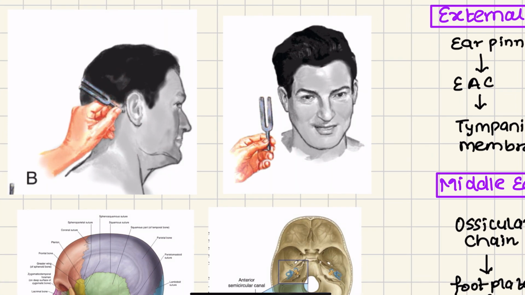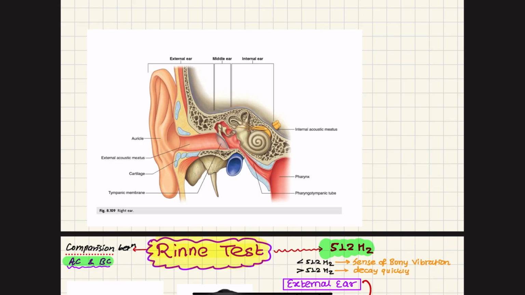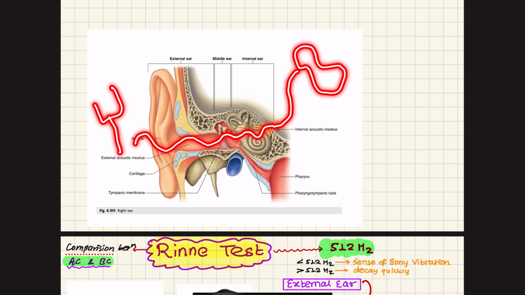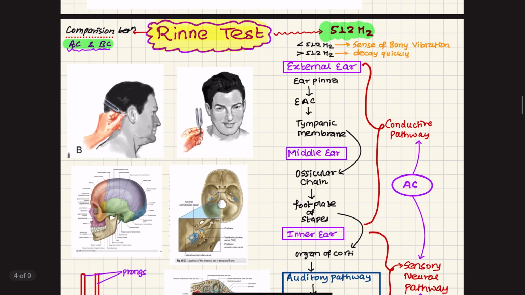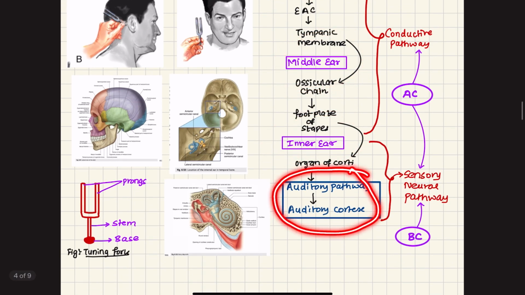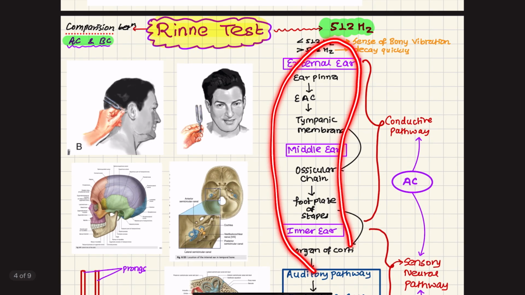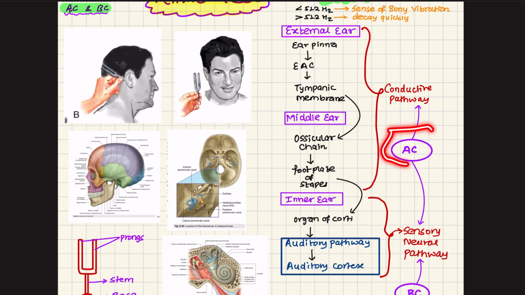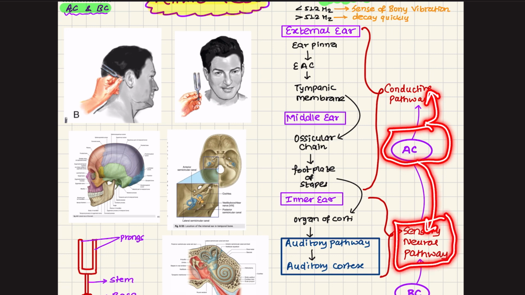So these two are different pathways. The air conduction pathway involves the whole external ear, middle ear, inner ear, as well as up to the cortex. It means this whole pathway, external ear, middle ear, inner ear and auditory pathway, is involved in the air conduction pathway. So in air conduction, both the conductive pathway as well as the sensorineural pathway are involved.